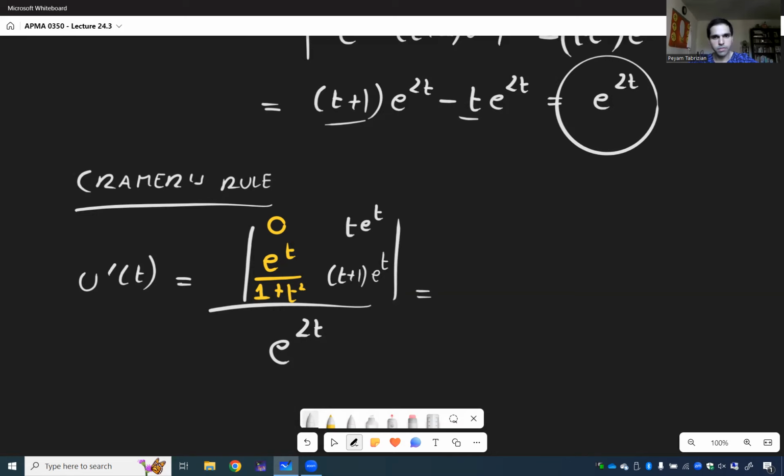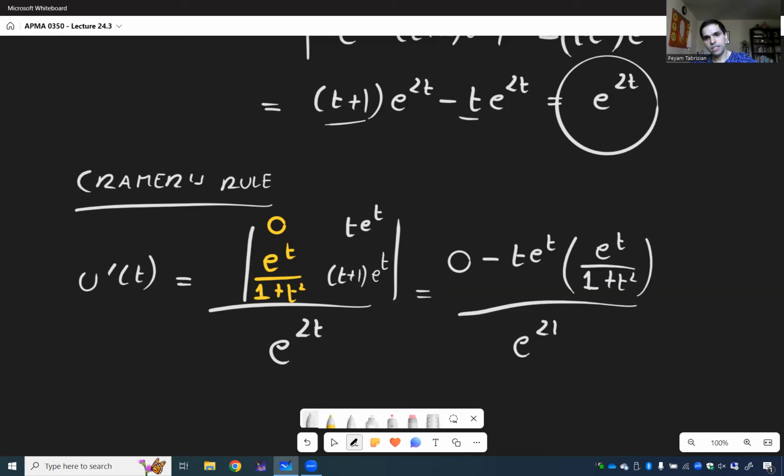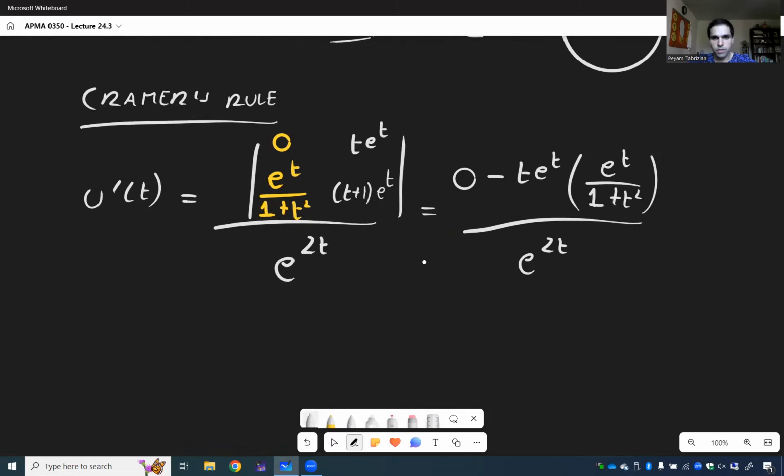And then this just becomes 0 minus t e to the t times e to the t over 1 plus t squared, over e to the 2t. And then this becomes 1 over e to the 2t, and then minus t e to the 2t over 1 plus t squared.